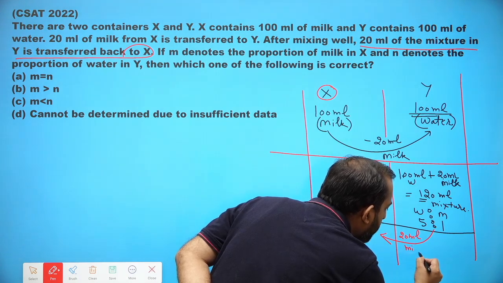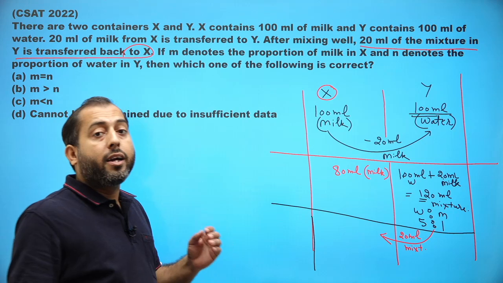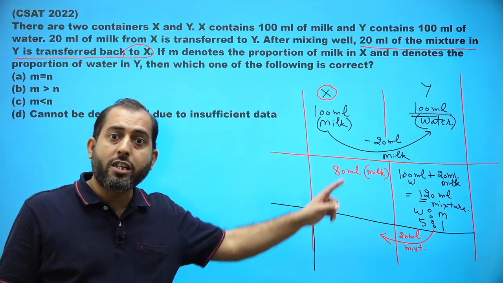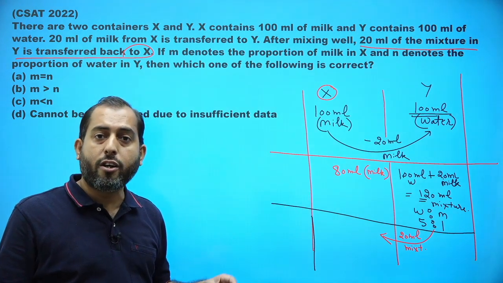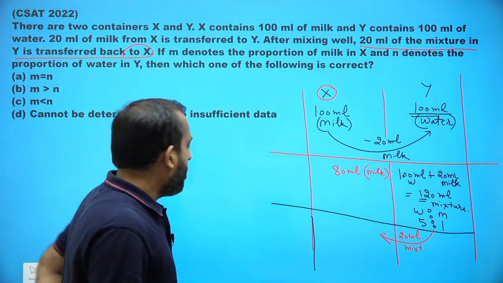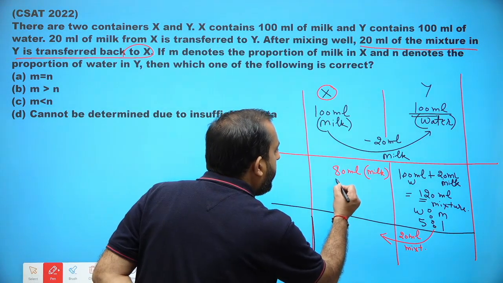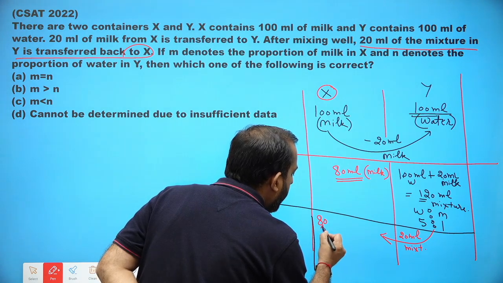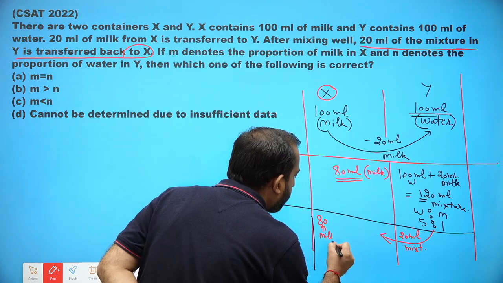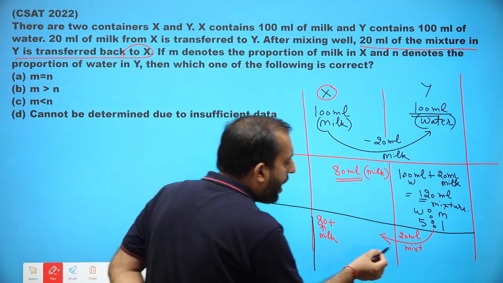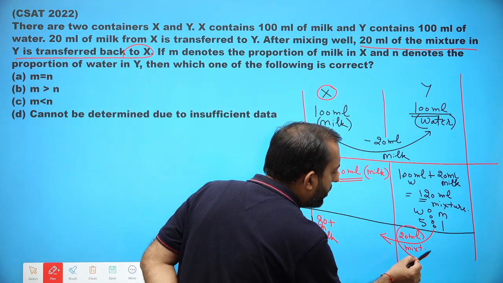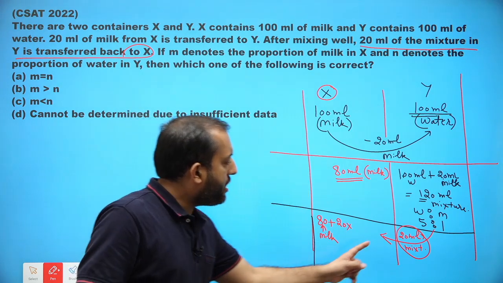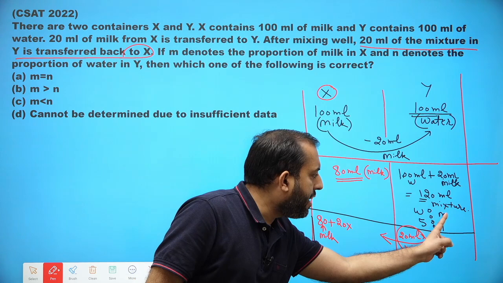Now this is a very important step. It is not water only, it is not milk only, it is mixture that has been transferred to X. So in X, 80 ml milk is already present, and now you are adding 20 ml mixture to it. In this 20 ml, the ratio of water to milk is 5:1.